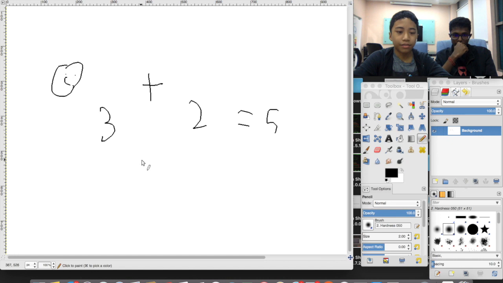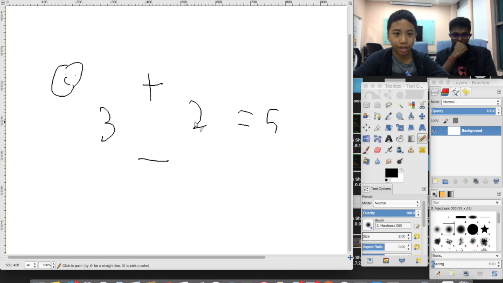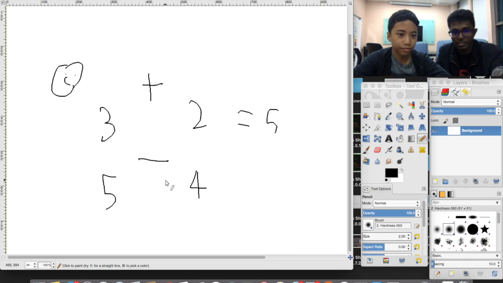Subtraction, however, is the opposite of addition. We are taking away one number from another number. So we are taking a value from another value.